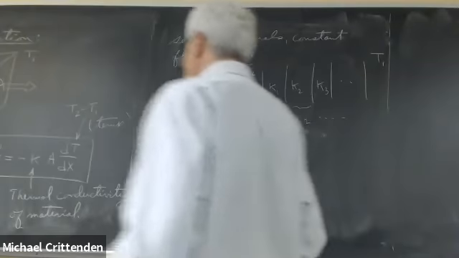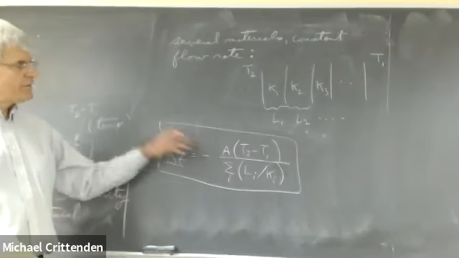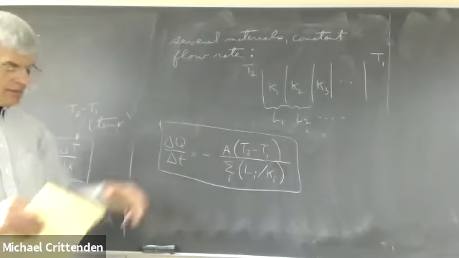So you could consider this one back over here to be the general definition for the thermal conductivity. And then here we've taken that equation and adapted it to this.